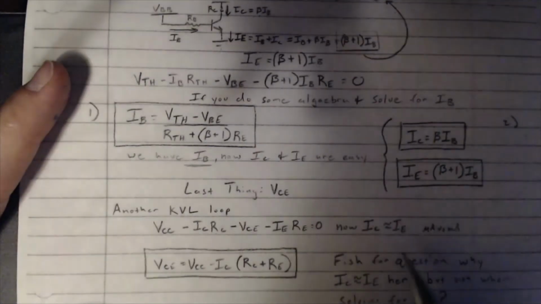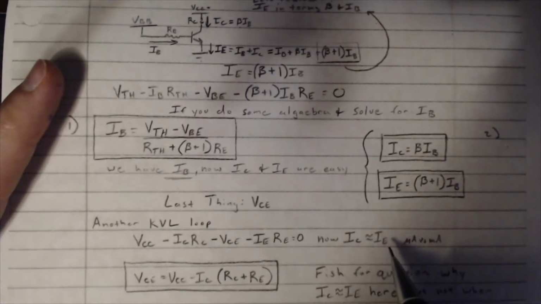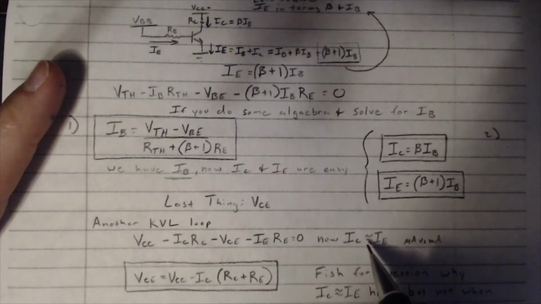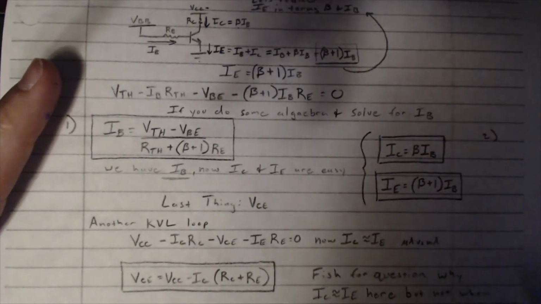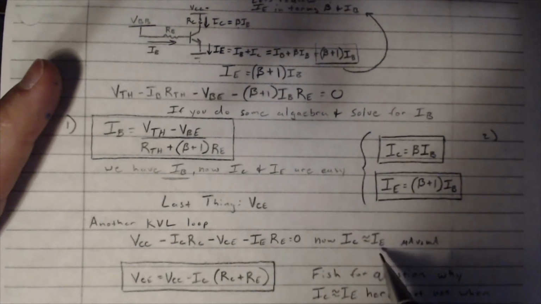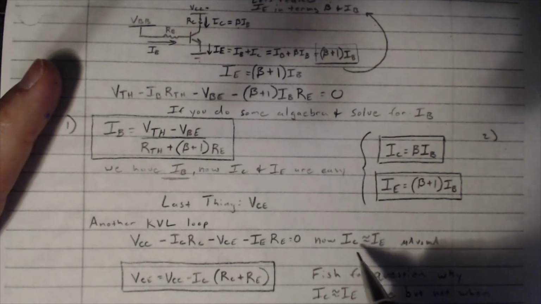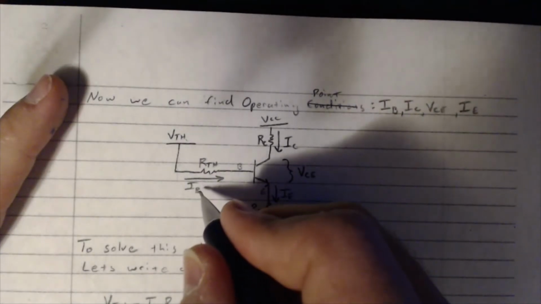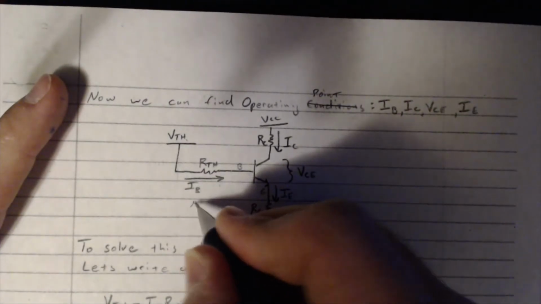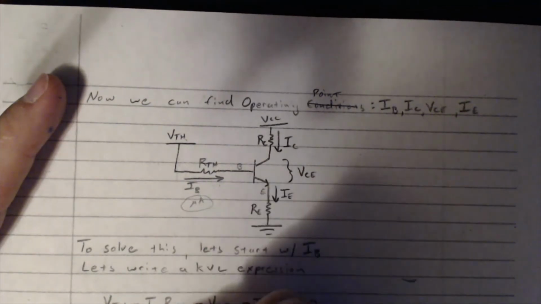Now, we can go ahead and make a little assumption over here that makes life a lot easier. IC is approximately equal to IE. All right, why am I saying that? Well, check it out. IB is in microamps, right? That's tiny, very small current.